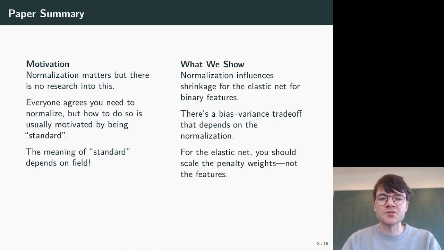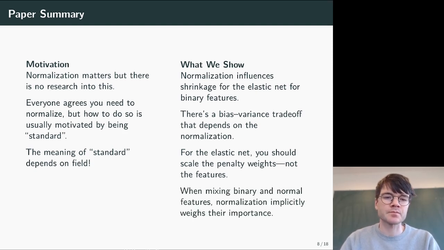And for the elastic net, we also show that you need to scale the penalty weights, not the features themselves, to be able to get rid of this bias. And in addition, when you mix binary and normal features, which is often the case, normalization implicitly is going to weigh how much shrinkage you do on normal features versus binary features.